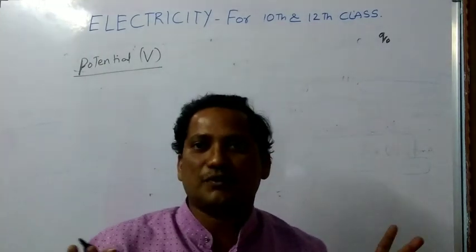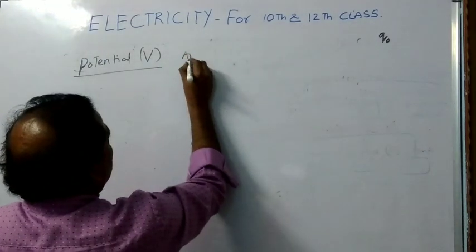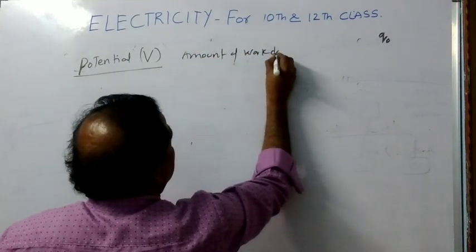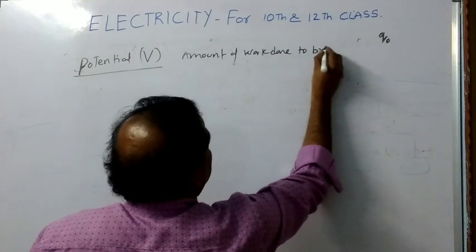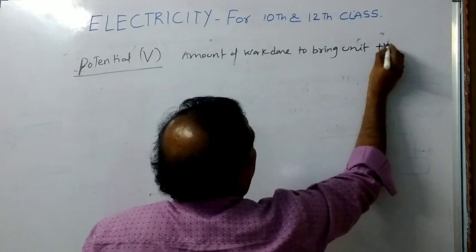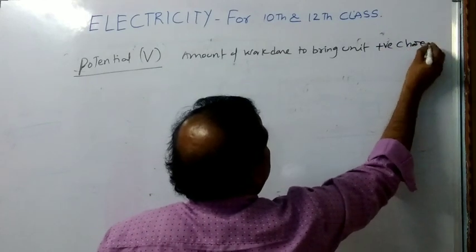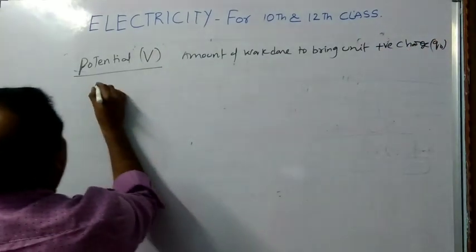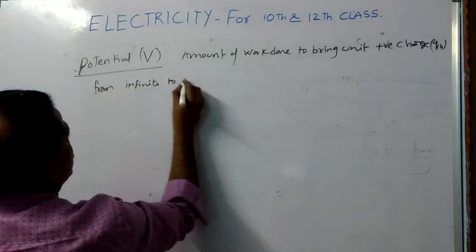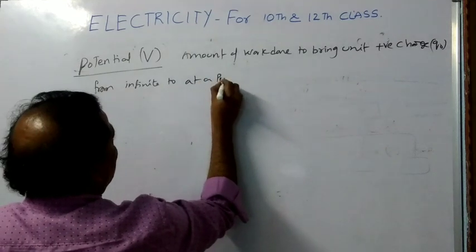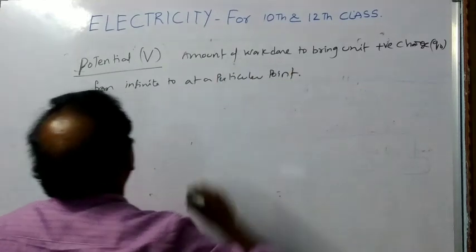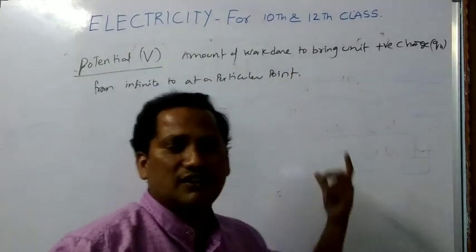The simple definition of potential is the amount of work done to bring a unit positive charge from infinity to a particular point. This is the definition of the potential.